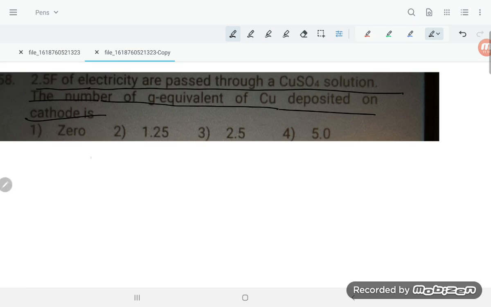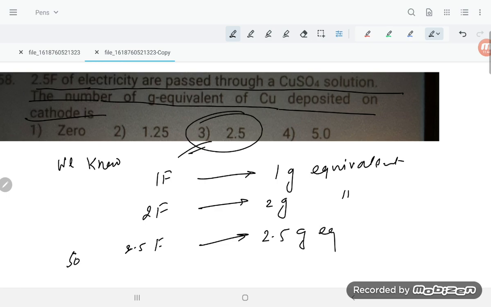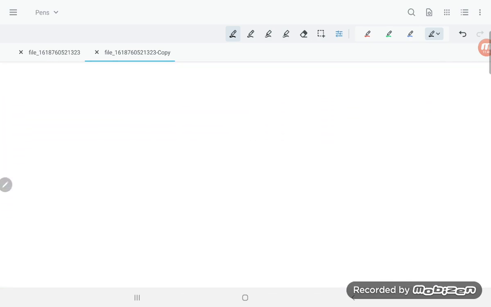We know that 1 Faraday is equal to 1 gram equivalent. So 2 Faraday is equal to 2 gram equivalent. So 2.5 Faraday is equal to how much? That is 2.5 gram equivalent. So the correct option is option number 2. That is a very easy problem.